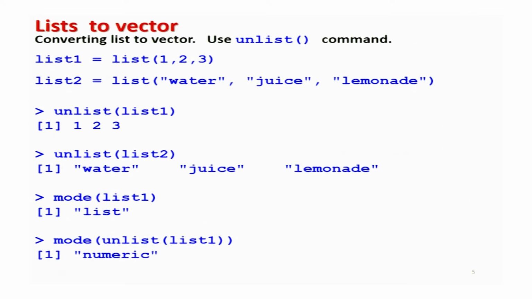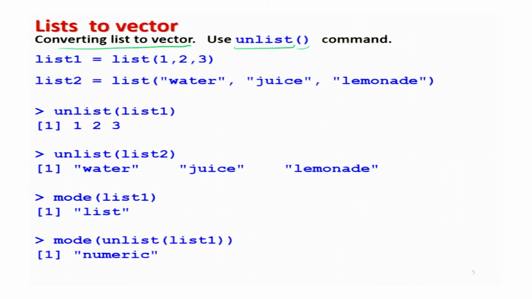one more aspect of this list. Now, what you have done here is that you have converted a vector to a list. Now, I want to do the opposite thing. I want to convert the list to a vector. For this operation you have to use the command unlist, UNLIST, and inside the parenthesis you give the name of the list which you want to unlist. And what will happen?